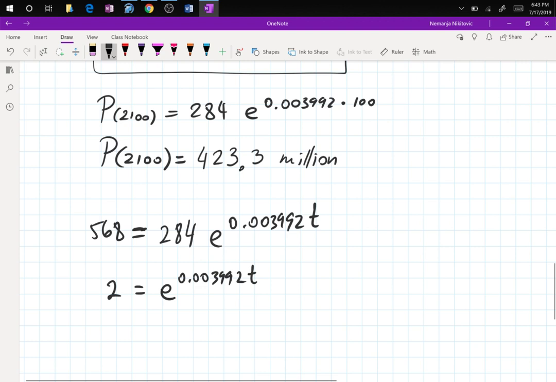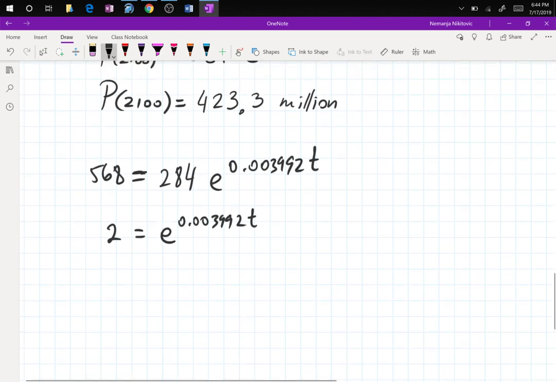It doesn't matter how much money you put, because the rate is the one that will impact the doubling time. So if you go to the bank and you put $1, in 10 years you'll have $2. If you go in and you put $1 million, in 10 years you have $2 million. See that? So that's the doubling rate. It doesn't depend on how much money you put in, doesn't depend on how many people you have. It's all about the growth rate, and that sets how long until it doubles. You can do the triple, you can do whatever.